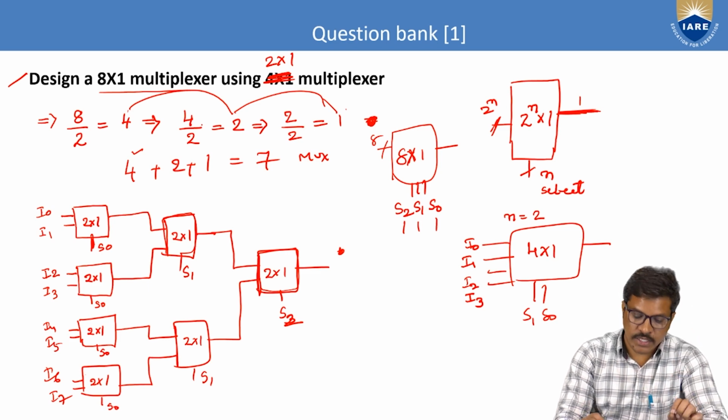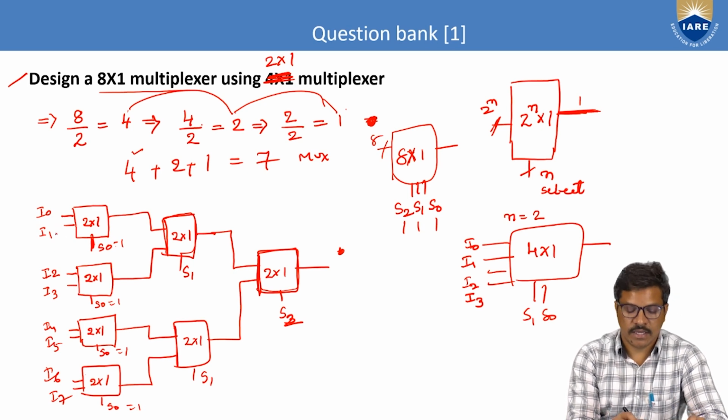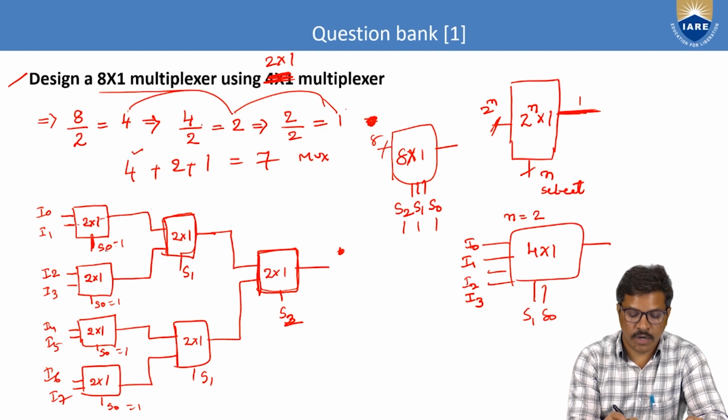Then S0 equals 1 makes each first-level 2 by 1 multiplexer connect to I1. Once S1 equals 1, there are 2 paths, and among the 2 paths I connect this one.